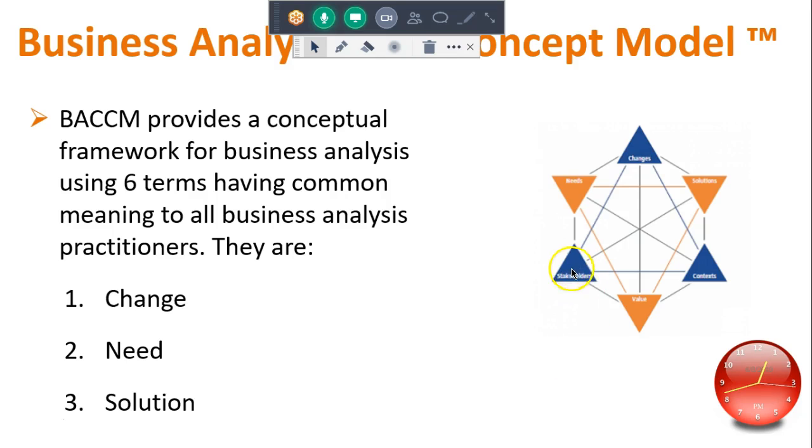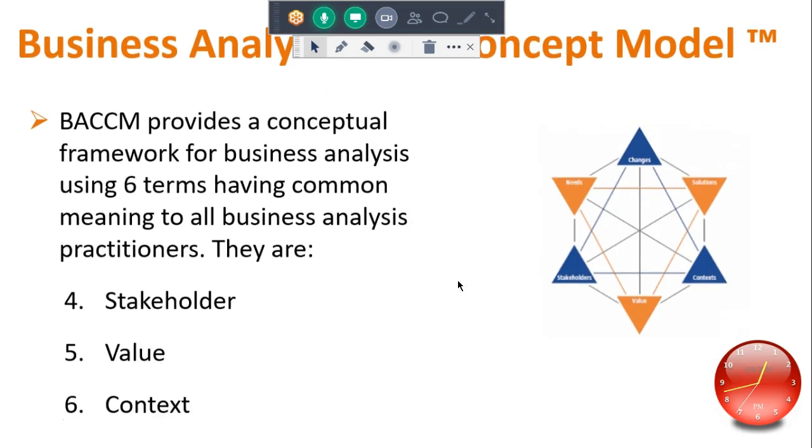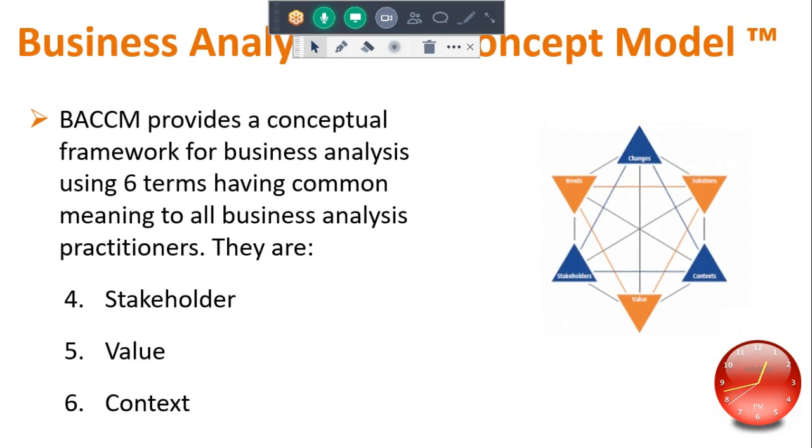So every concept communicates with or impacts or is impacted by every other concept, and that's represented by the lines in this diagram. What we've got is changes, needs, solutions, stakeholders, values, and context.